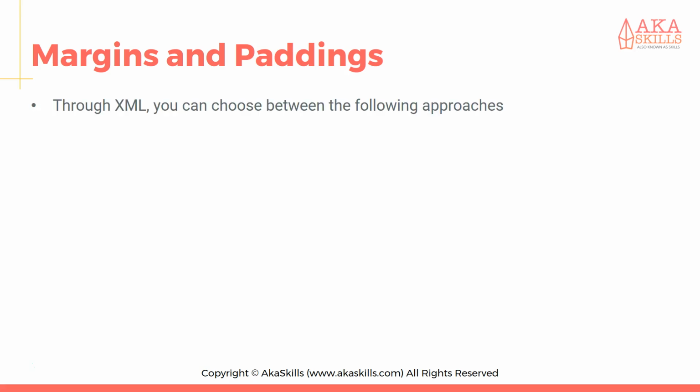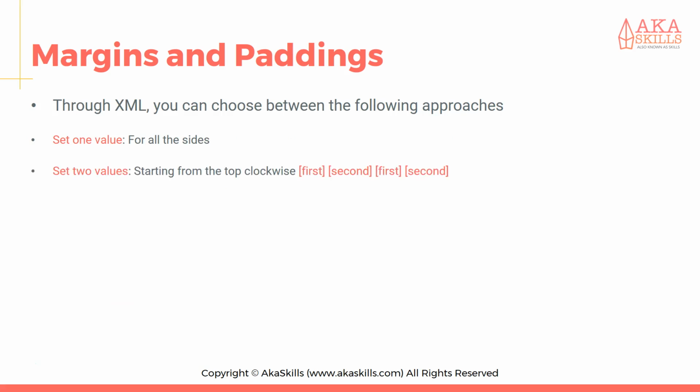Through XML, you can choose between the following approaches: set one value for all the sides, set two values, the first and second, or set four values, where we start from the top clockwise and we have first, second, third, and fourth.